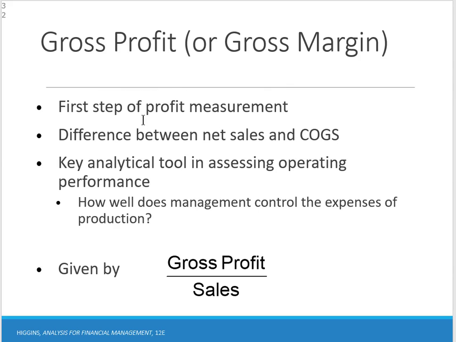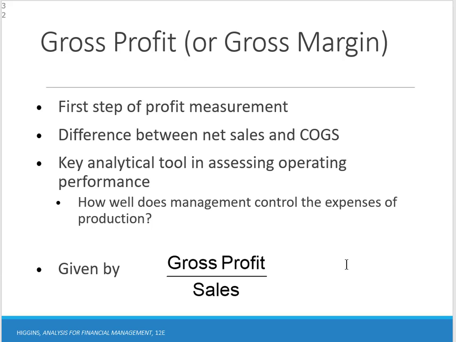So let's look at gross profit, right? It's, again, just the difference between net sales and cost of goods sold. But if you think about assessing, right, evaluating how good the company is doing, I like this question: how well does management control the expenses of production, right?